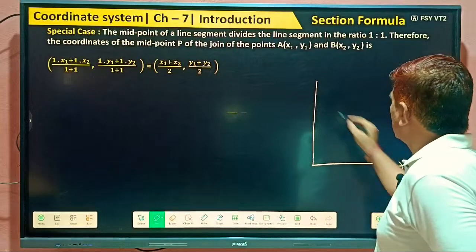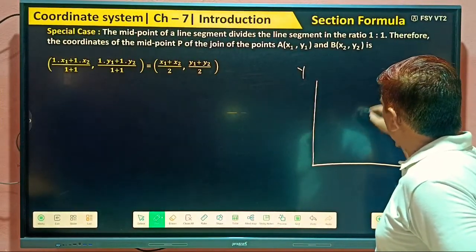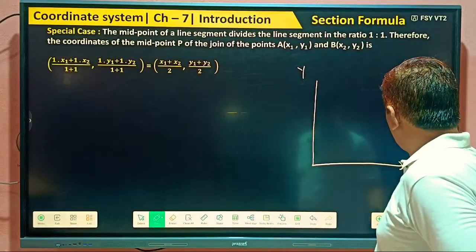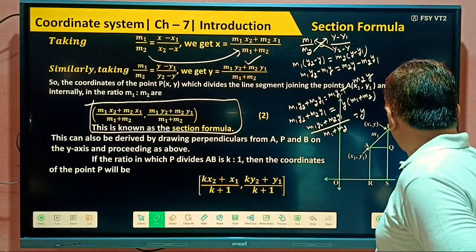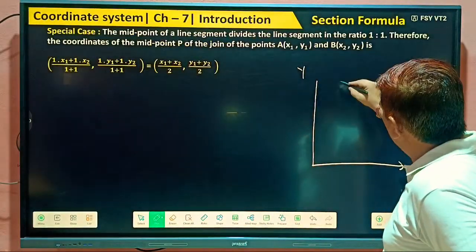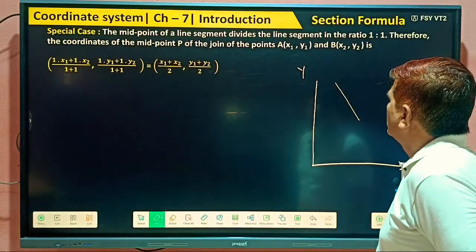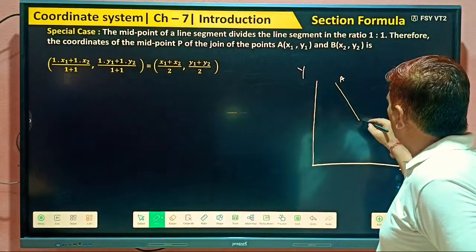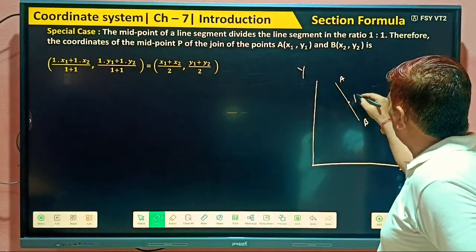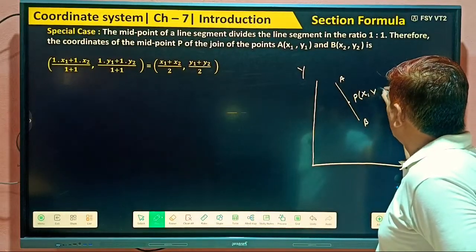This is the x-axis, this is the y-axis, and we have taken this. So what can we take? We can take like this. This is point A, this is point B, and this is point P, whose coordinates x and y we have to find out.